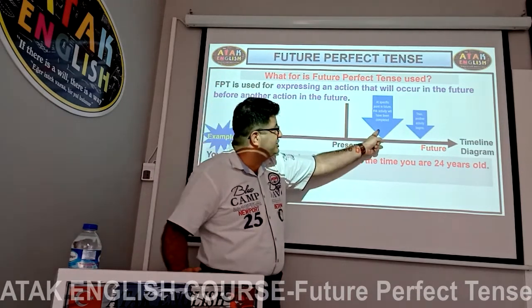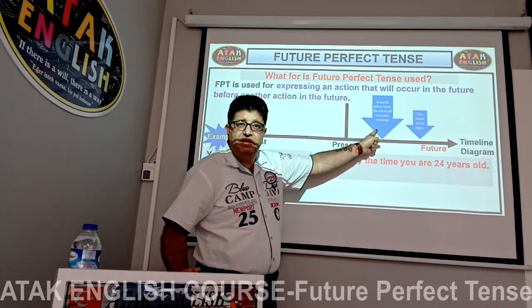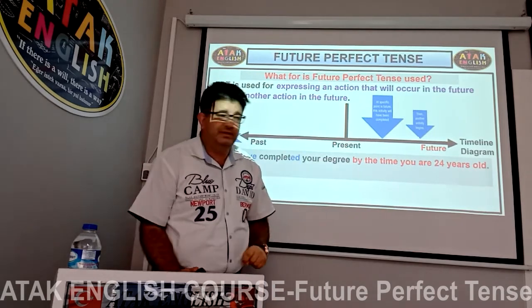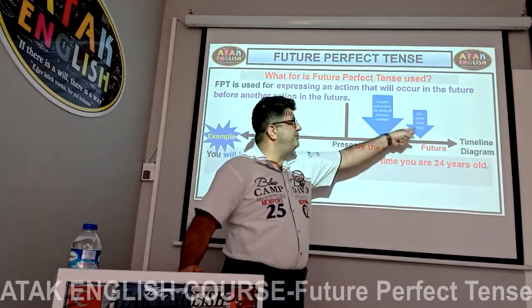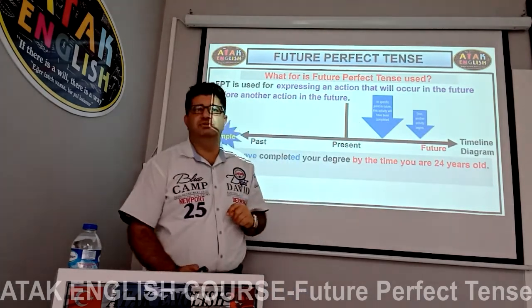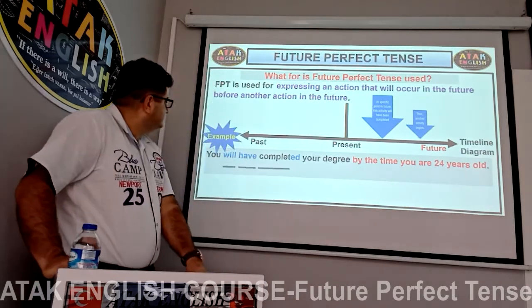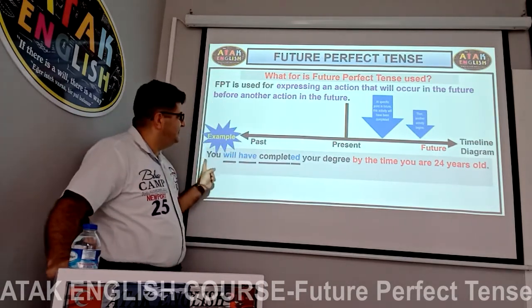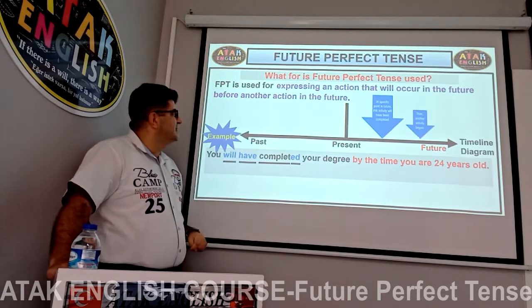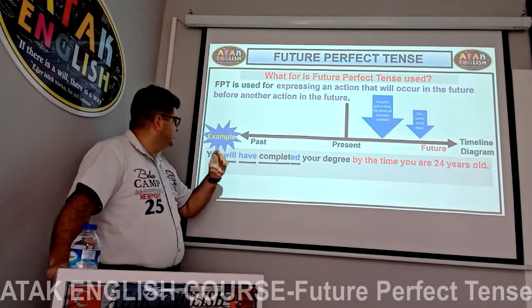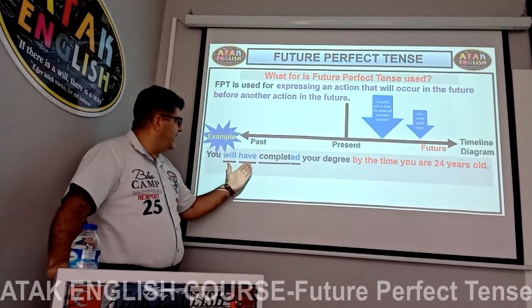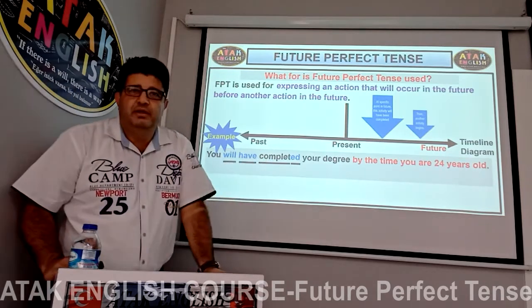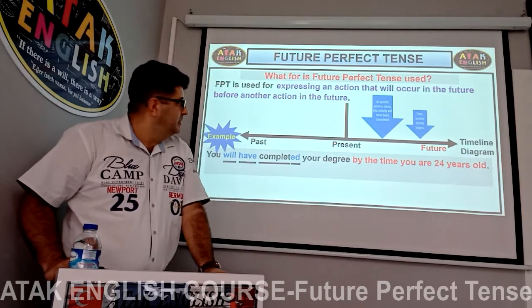So this action is going to be in future perfect tense, before another action in the future. How do I understand that this part is future perfect tense? Because will, have, verb 3 is used.